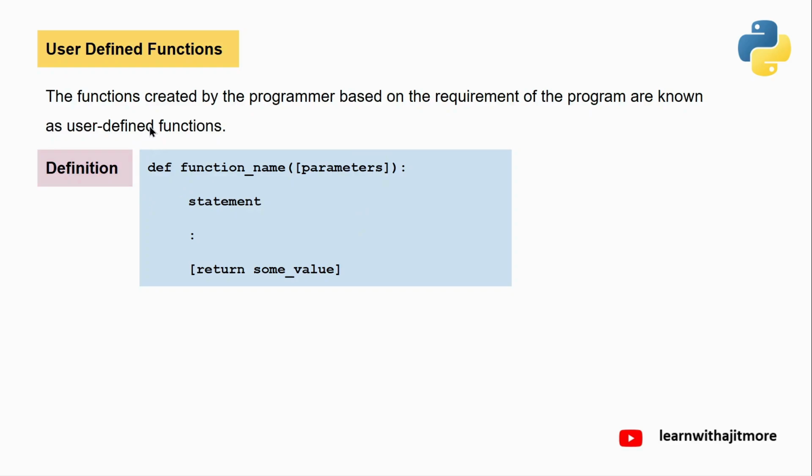Okay? So see, the syntax is like this. Def is a keyword, then the name of the function, then round bracket, then optional list of parameters. Just name of the parameter देना है. Okay?